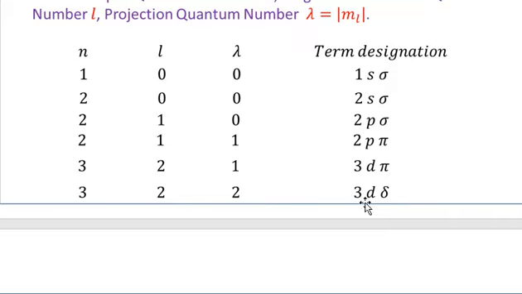The term designation is 3d delta. 3 represents n, d represents L equal to 2, and delta represents lambda equal to 2. So briefly we have discussed a few values of n, L, and lambda, and we have also discussed the term designations for the molecules.